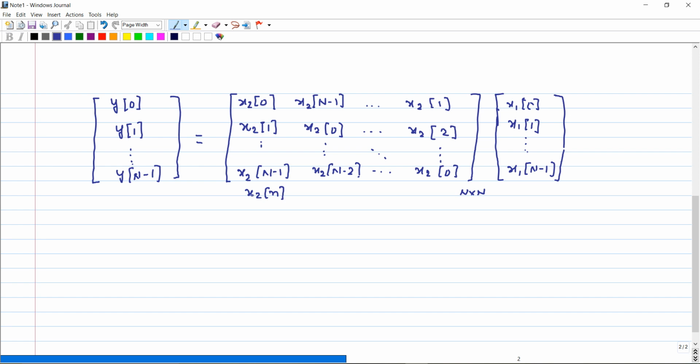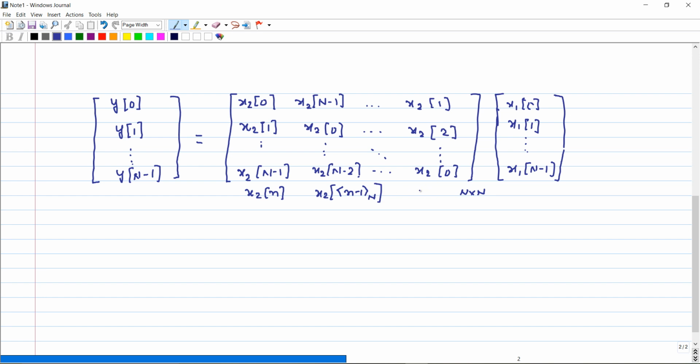Okay, and similarly the second column is just x2 of n circularly shifted by 1 unit. So we can call this x2 of n minus 1, circularly shifted by 1 unit, and so on.